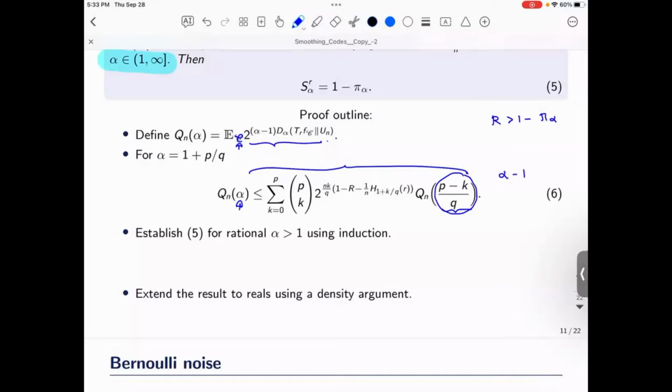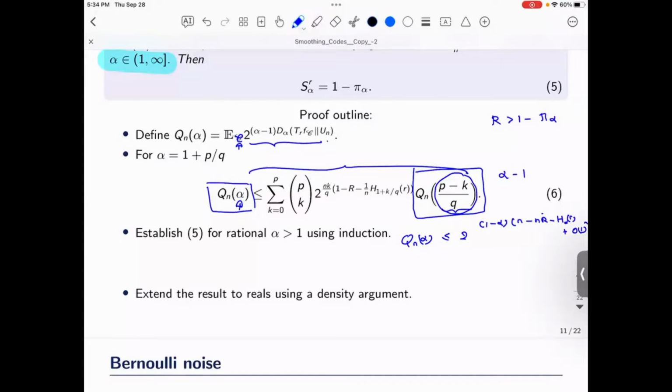So if you can prove something up to alpha minus 1, then you can have an inductive argument and try to prove that this Qn alpha is bounded by this, plus some o(1) term.